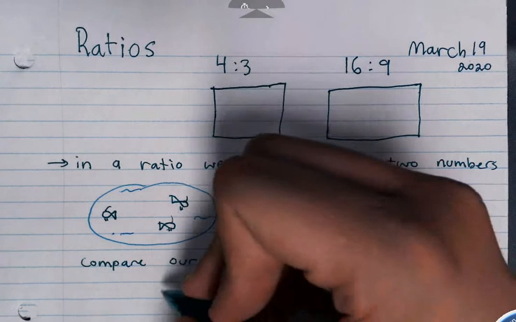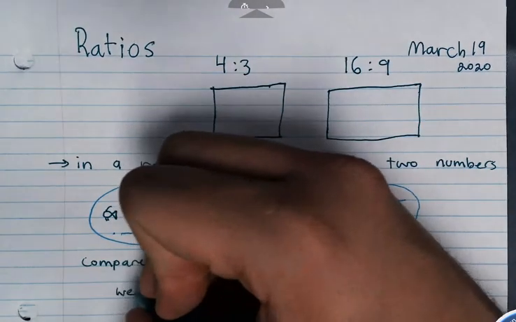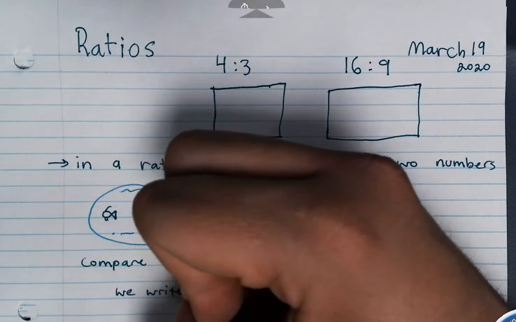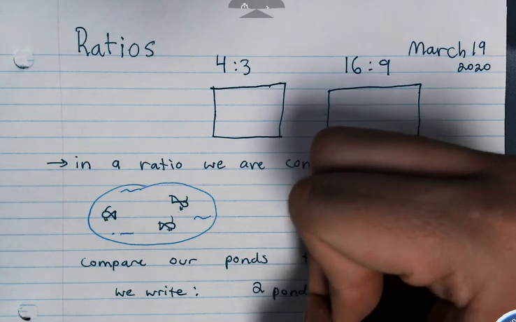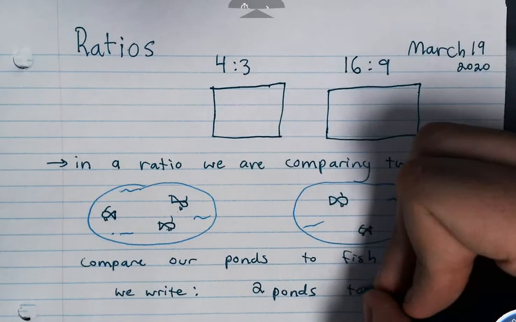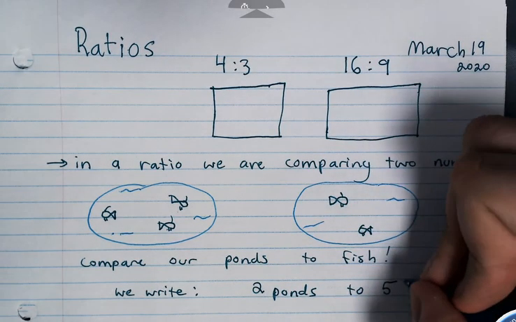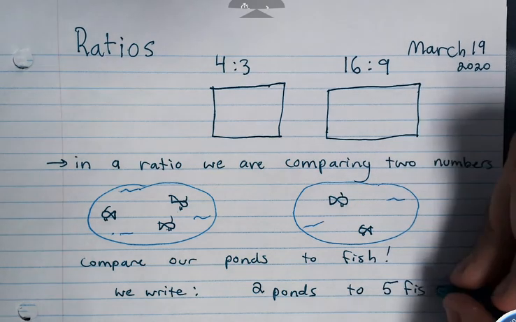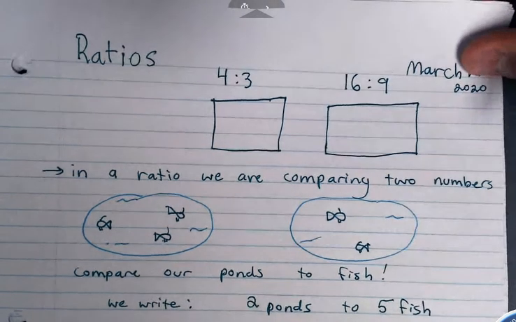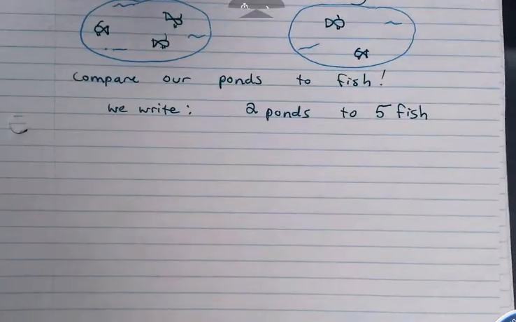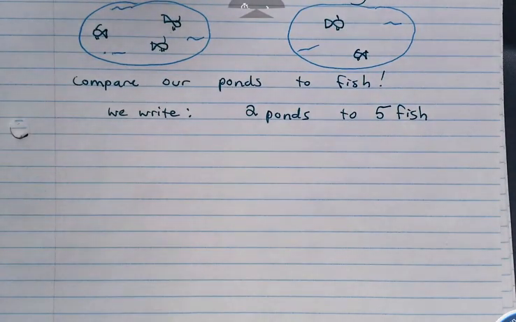Well, it's as simple as saying we have 2 ponds to 5 fish. I'm going to slide this up so you can see. 2 ponds to 5 fish.